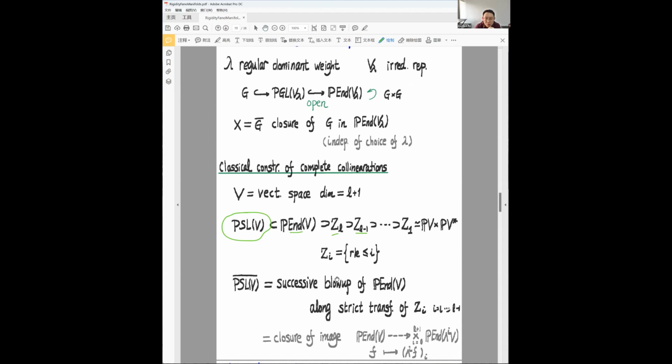Then what you do is you blow up first the lowest stratum Z1, then the strict transform of Z2, and so on.